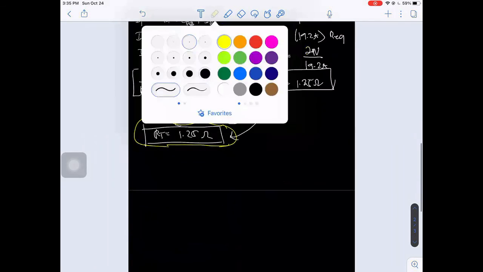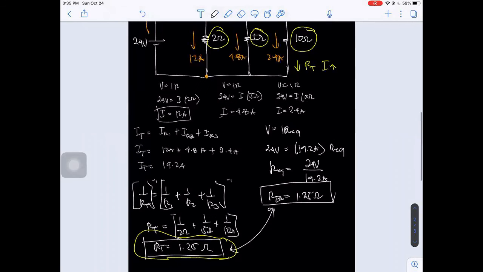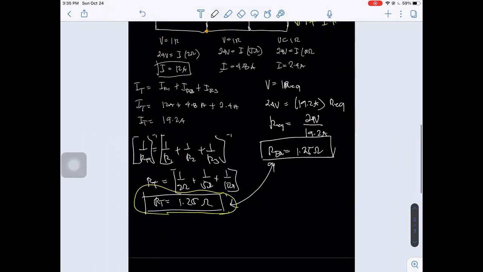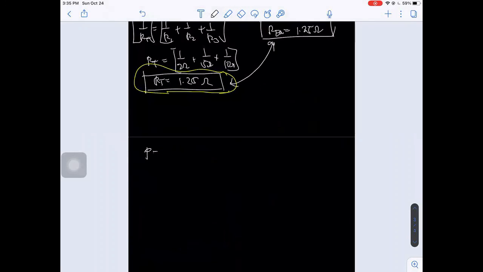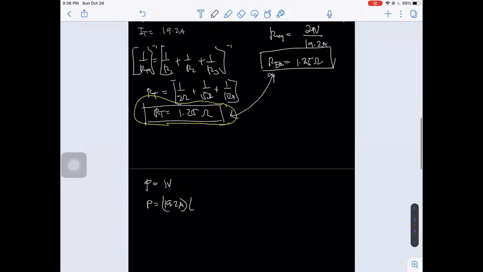So let us compute the power delivered by the battery, by the 24 volts battery. We have P equals IV. So power is equivalent to the total current, 19.2 ampere, multiplied by the voltage, which is equivalent to 24 volts.